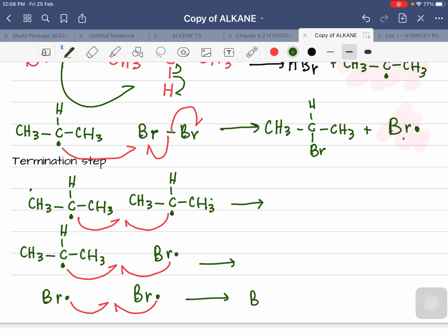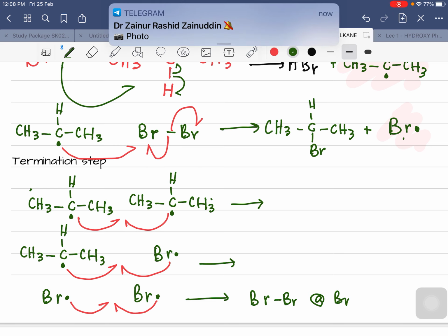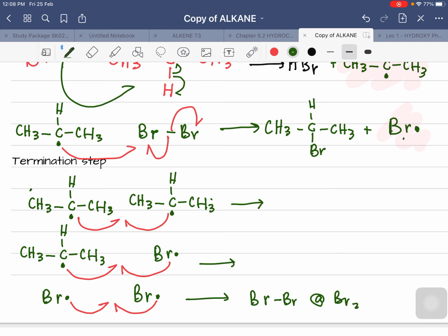So this one will be Br-Br, or you can write Br2. The other one is CH3 and the new bond formed, Br: carbon forms a bond with Br. The other one is alkane radical combined with another alkane radical, CH3.